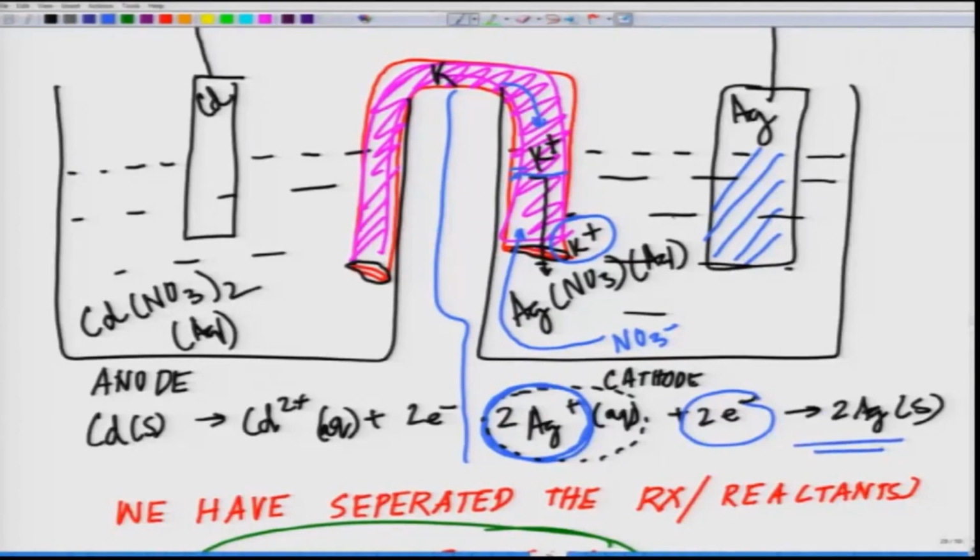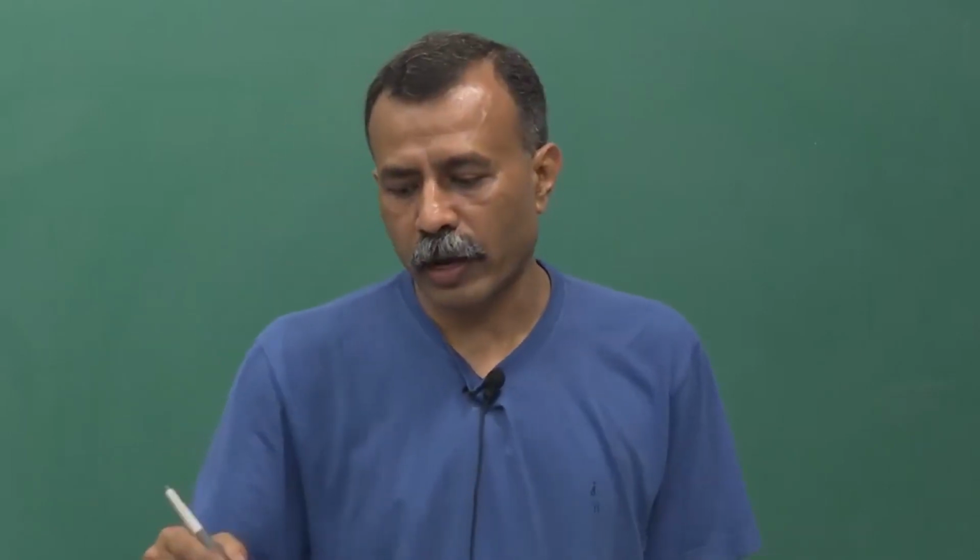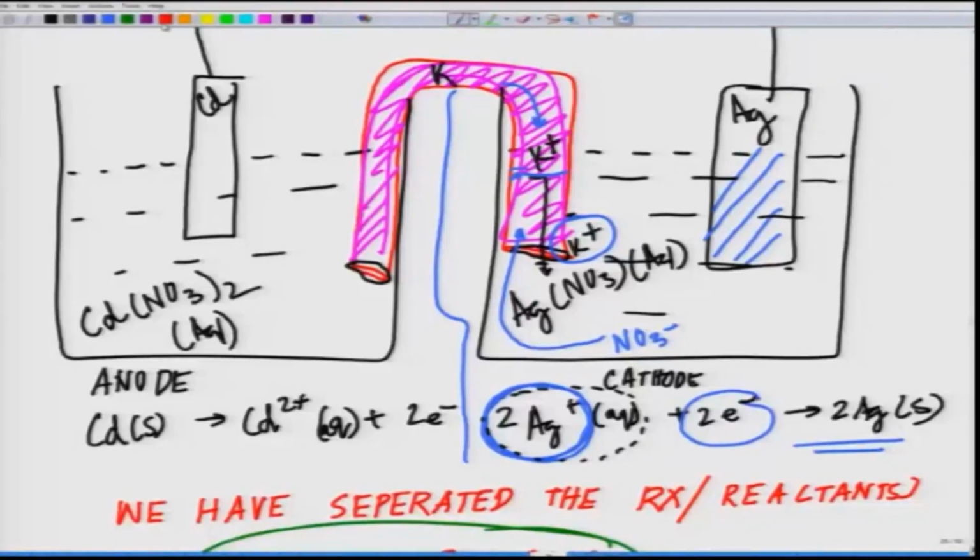So, there is a dearth of positive charges out here. In order to maintain that potential difference, some positive charges in the form of potassium ions are percolating into this side, a little bit, not a whole lot of migration happens.